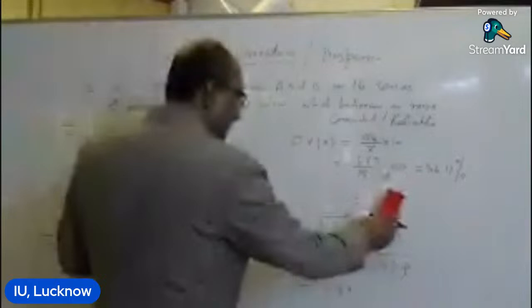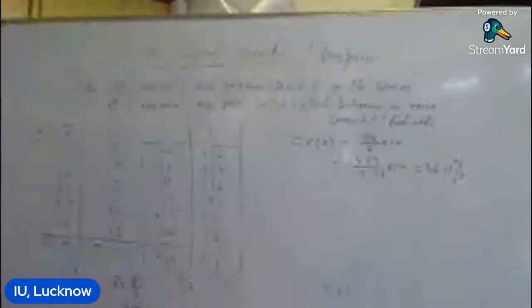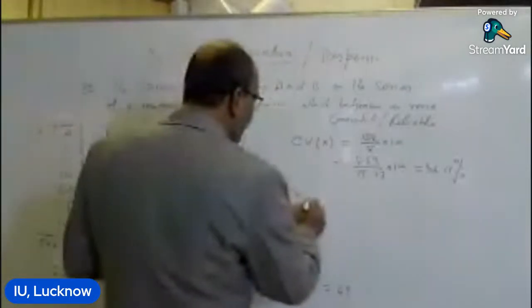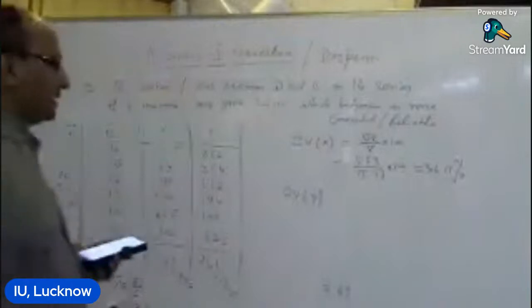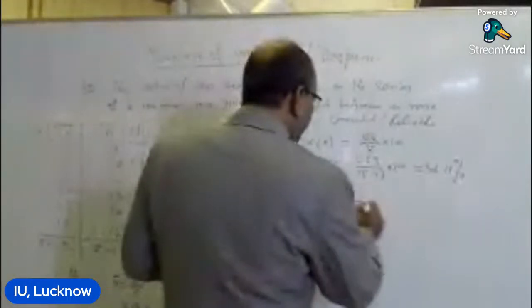And for the coefficient of variation for batsman B, this can be computed as the coefficient of variation for score Y. So this is the standard deviation of Y divided by the mean into 100.